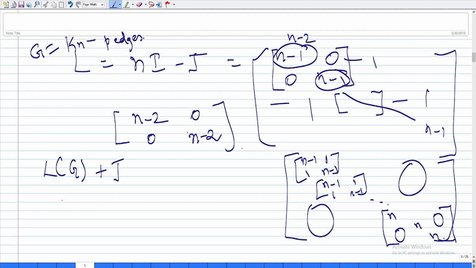So, we will be getting my L of G plus I would be nothing but this block matrix. So, the spectrum now changes to, so what is the determinant of this 2 by 2 block? N minus 1 the whole square minus 1 you have, that is nothing but n square minus 2n, the constant term vanishes. So, you will just have n into n minus 2 equal to 0.